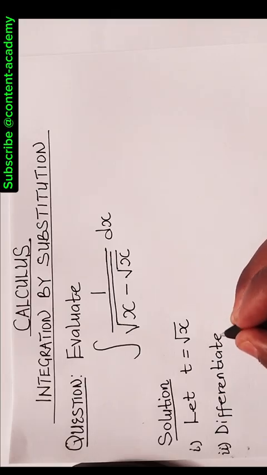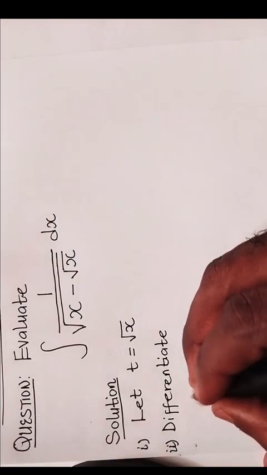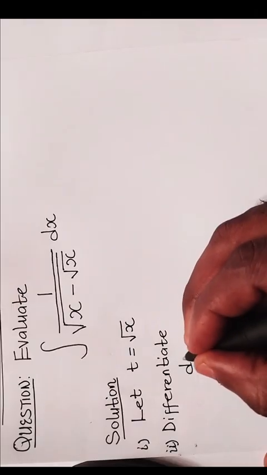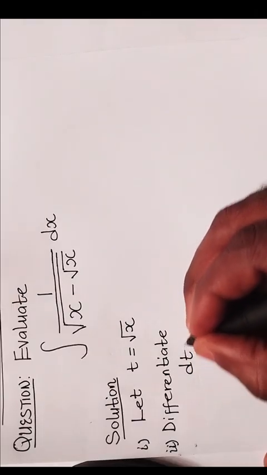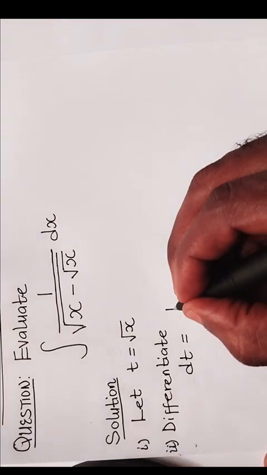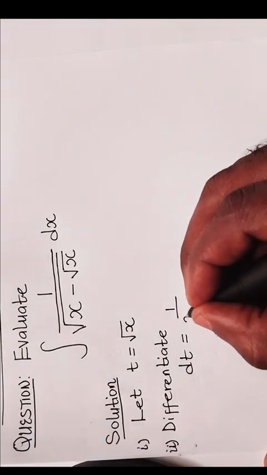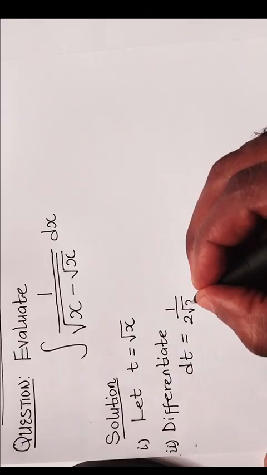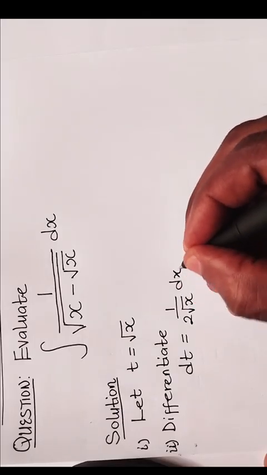Now, the second thing we are to do, we say differentiate. We'll take it bit by bit so that we can easily understand what we are doing. So we differentiate, that is, dt will be equal to 1 over 2 root x, dx.